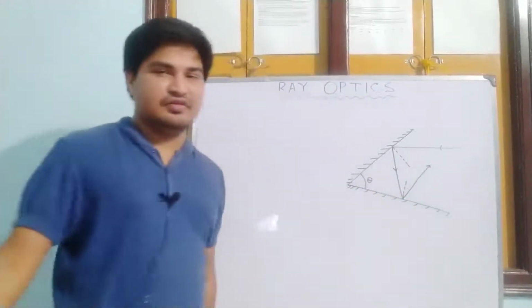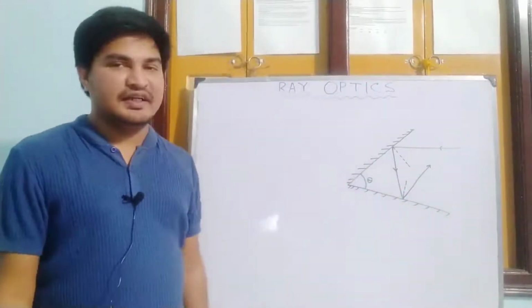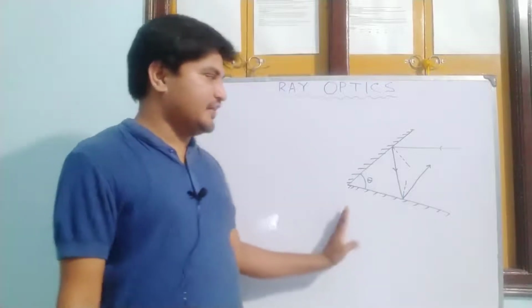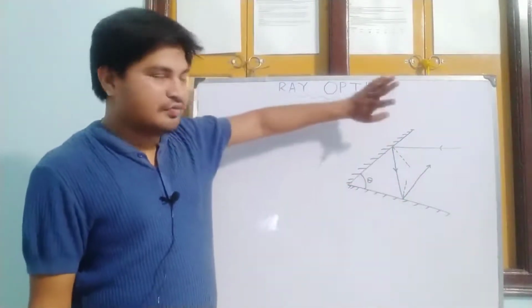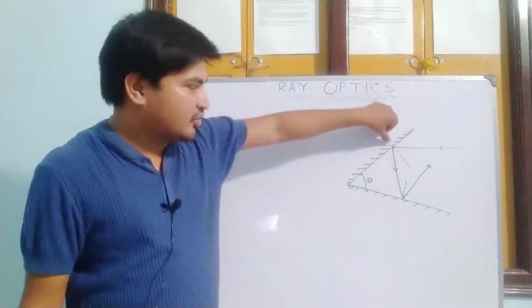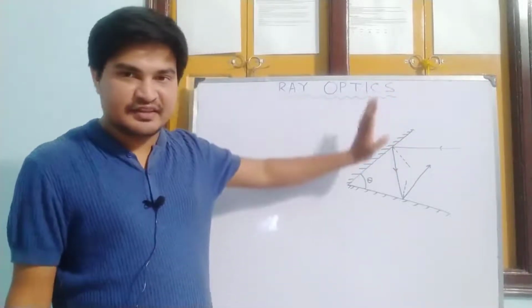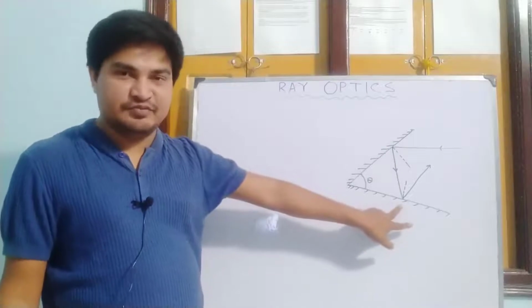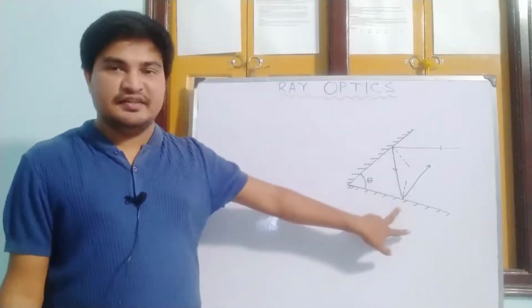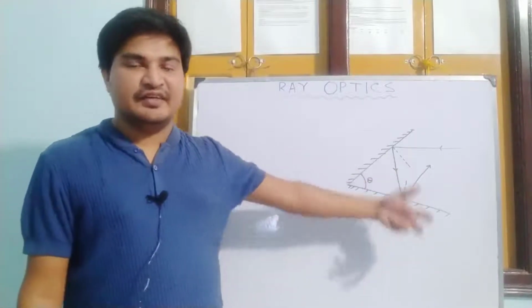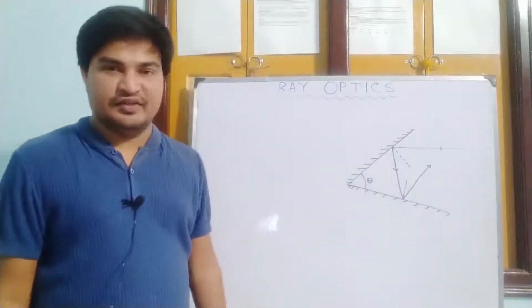This is the path of the light ray. So what we have to find out is the total deviation in this case. First deviation occurs in this mirror and the second deviation occurs in this mirror. So total deviation equals deviation in this mirror plus deviation in this mirror. If we add both, then we can find out.